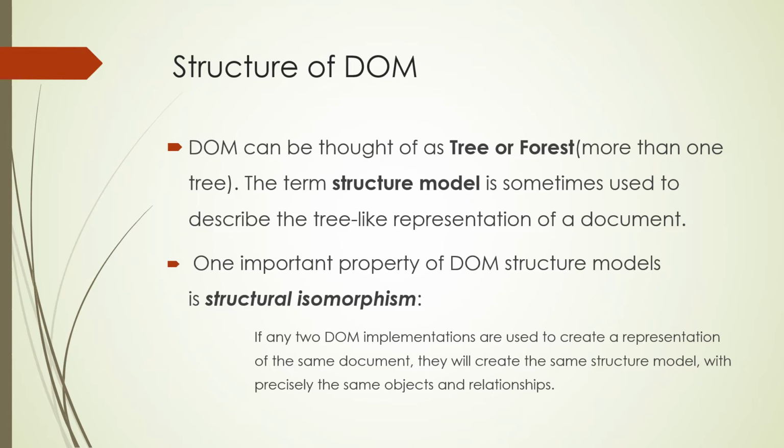What is structural isomorphism? If any two document object model implementations are used to create a representation of the same document, they will create the same structure model with precisely the same objects and relationships.